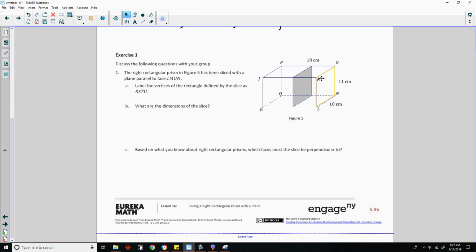Yes, so this shaded region is parallel to this side.